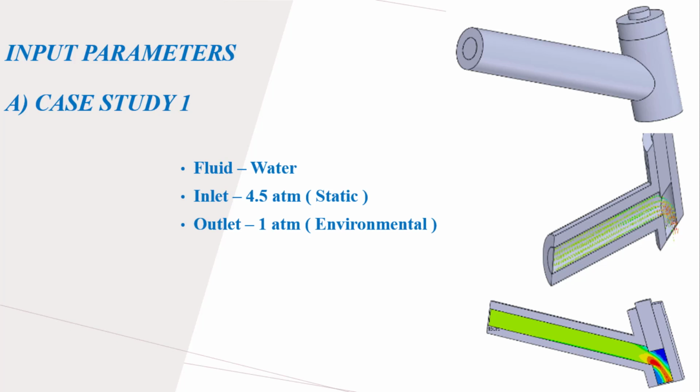Yeah, so I'll define the inlet pressure of 4.5 atm. Okay, and then outlet pressure, it is 1 atm, that is environmental pressure will define. Okay, by taking these inputs into account, we'll find out how this nozzle behaves and what is the average velocity at the output.